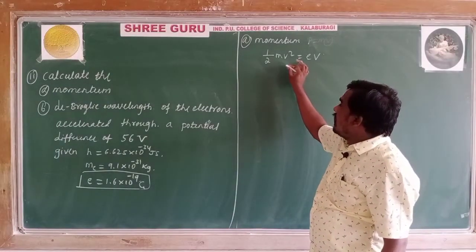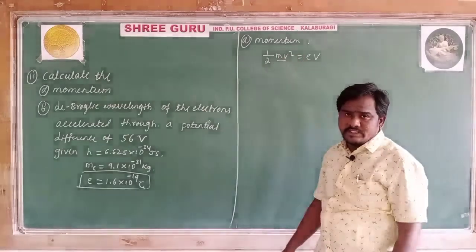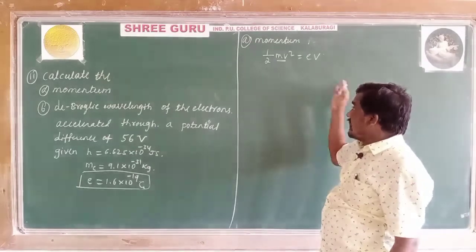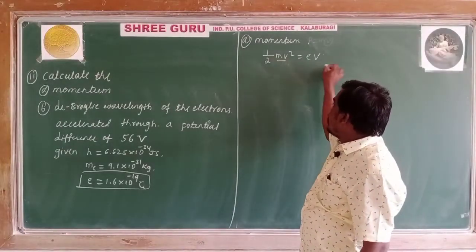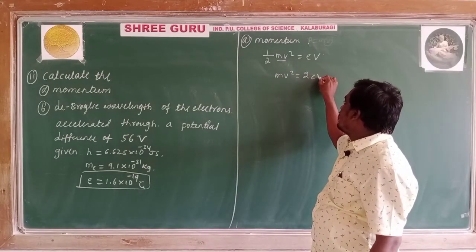Here, how to solve the momentum? By multiplying m on both sides. That is one of the kinetic energy expressions. Just take the 2 to this side: mv square is equal to 2eV.